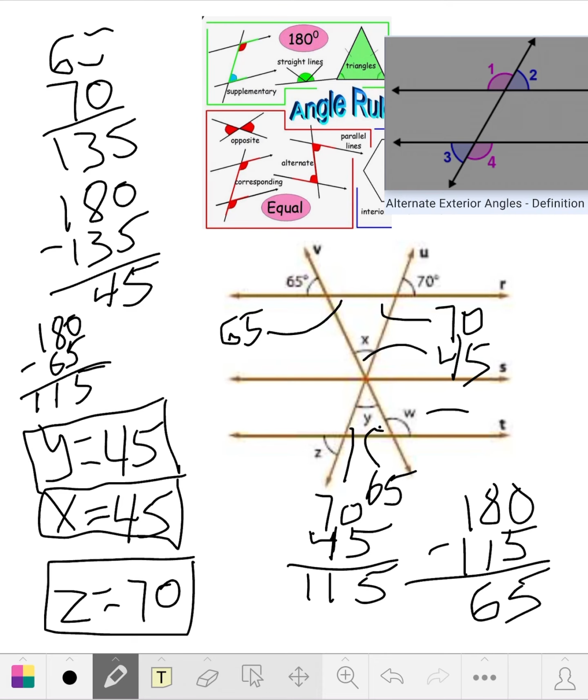So we know W equals 115. So let's square that off. And that's, I think, all the answers they're looking for. So let's see, we got W is 115, Y is 45, X is 45, and Z is 70. So we solved this whole thing.